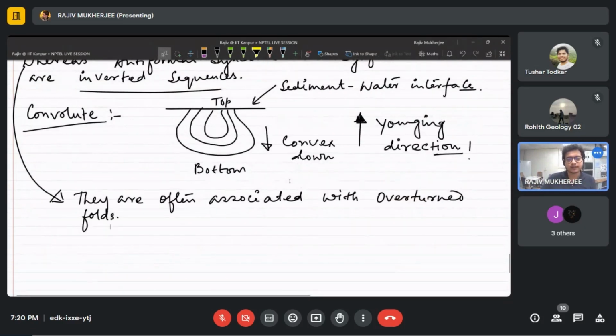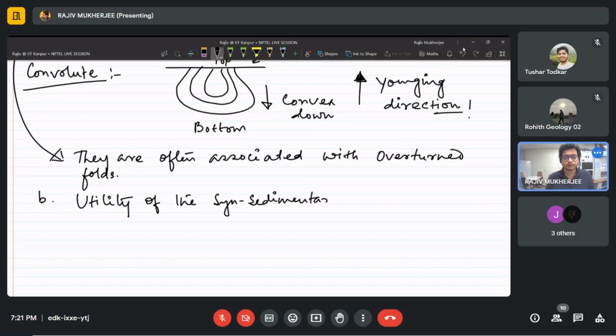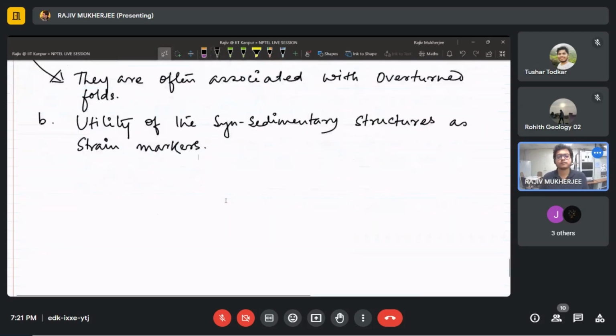Now let's talk about the utility of these thin sedimentary structures as strain markers. Okay.